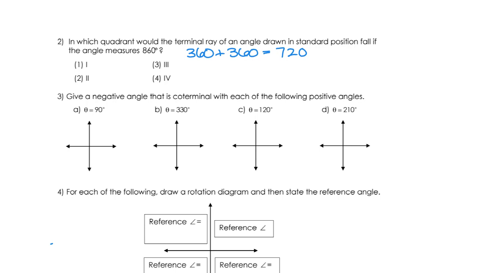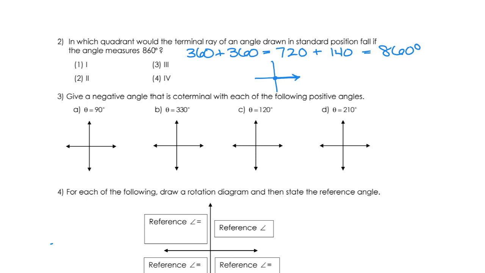So we have to realize that not only did we go twice around, but then we also continued to keep going around for another 140 degrees in order to get it to 860 degrees. All right. So I'll show you a little visual, but here is my initial ray.